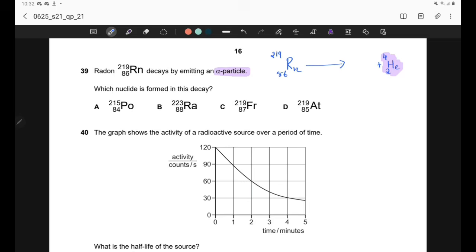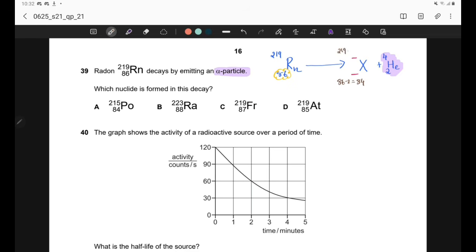We can think of the new product as X, and see what its new atomic number and mass number will be. From 86, 2 has gone, so the remaining will be 86 minus 2, that is 84. Likewise, the mass number has reduced by 4.